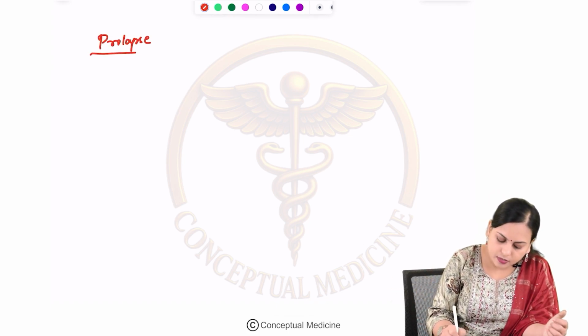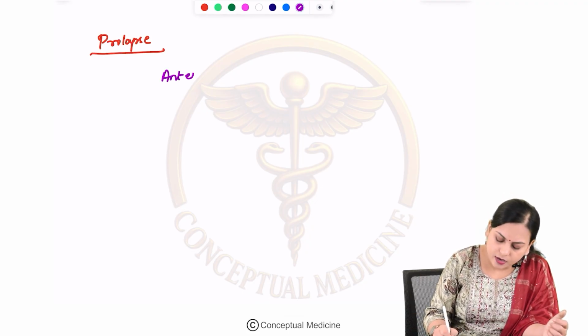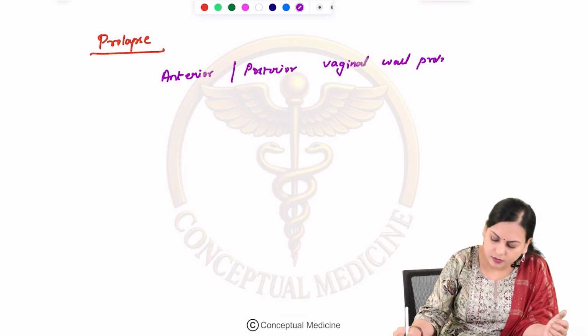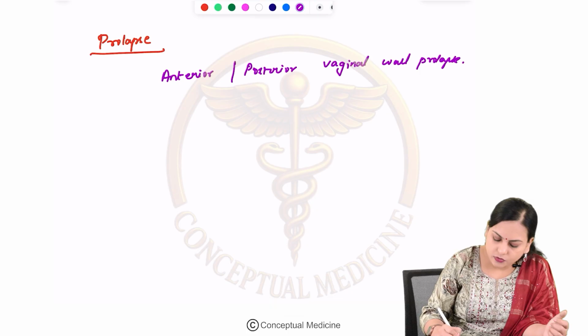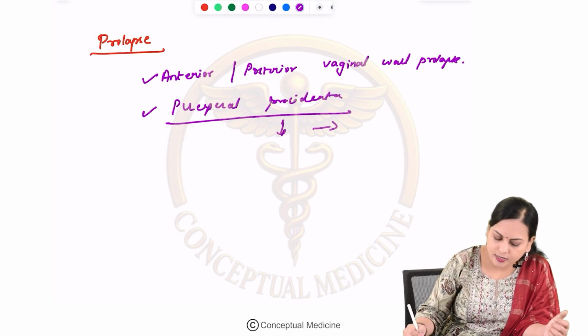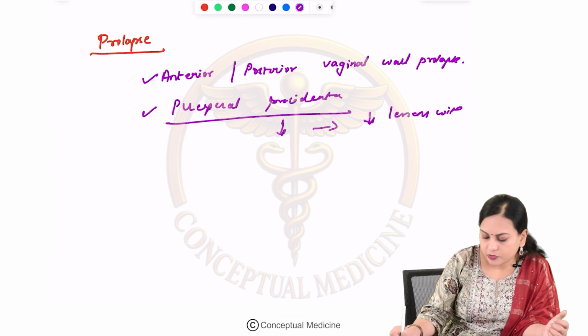So, prolapse means you can have either anterior or posterior vaginal wall prolapse. So, usually puerperal procidentia reduces, okay, as the weight lessens with involution. Clear?